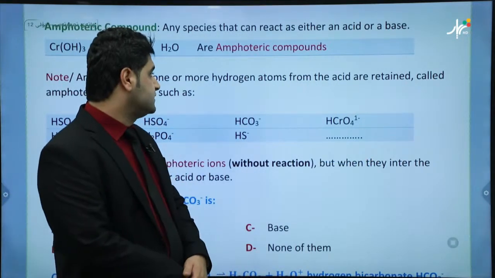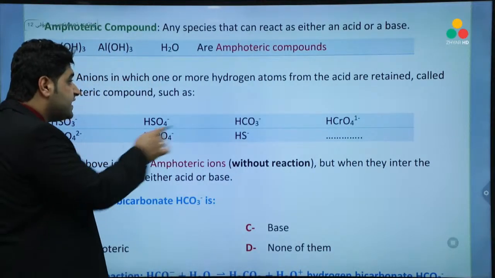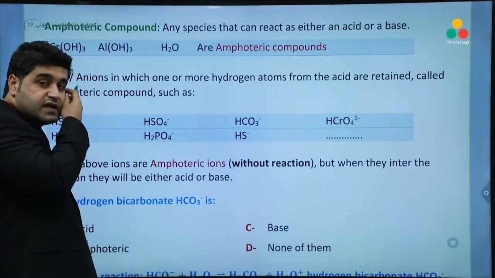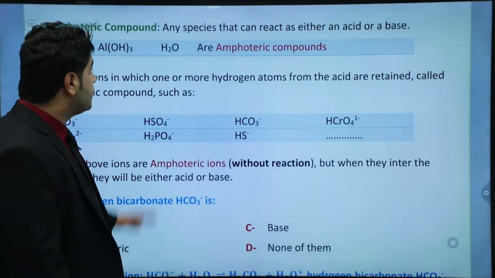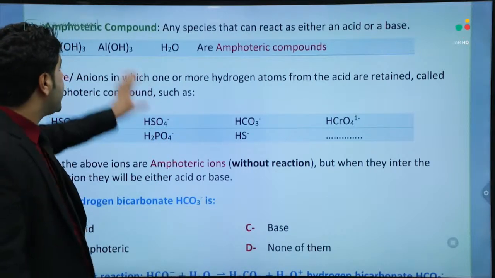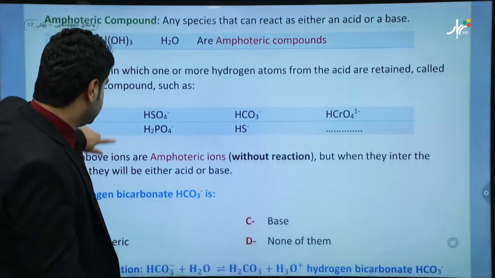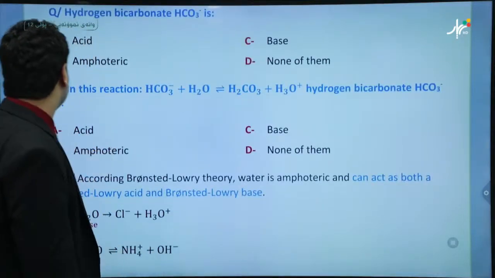How, teacher? I don't understand. If we have these species in the reaction, they are not amphoteric. But if we have them out of the reaction, they are going to be amphoteric. Okay, I'll show you.